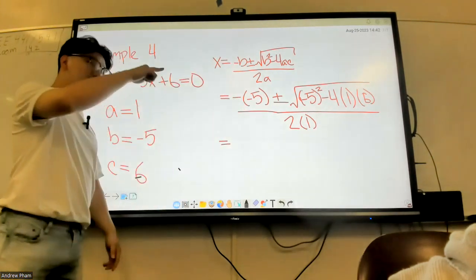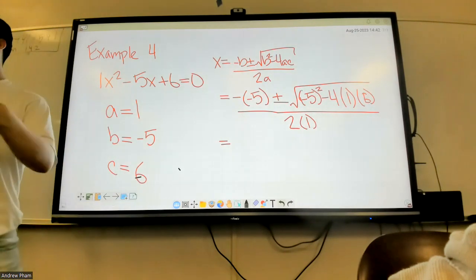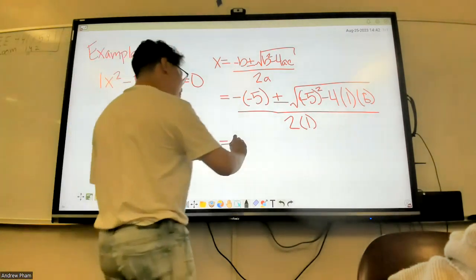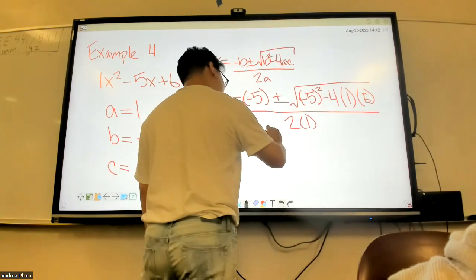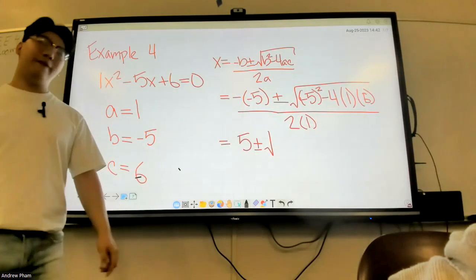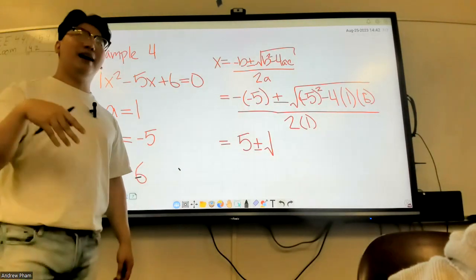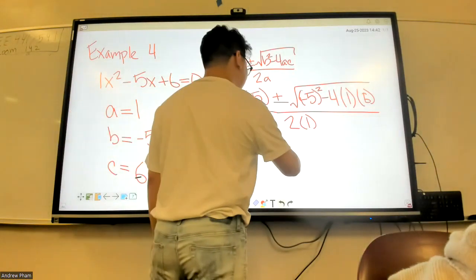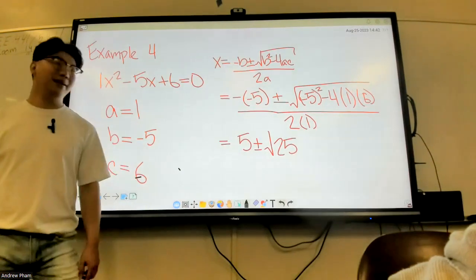What's negative 5? Positive 5, because that's negative 1 times negative 5. I get a positive 5. That's great. Plus or minus the square root. What's negative 5 squared? Yeah, negative 5 times negative 5, I get 25. I'm going to take a quick pause right here.